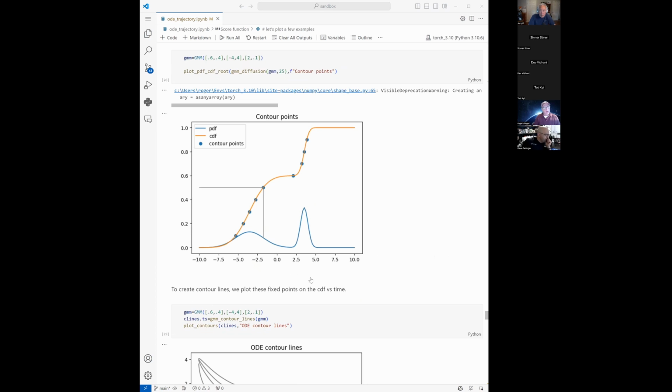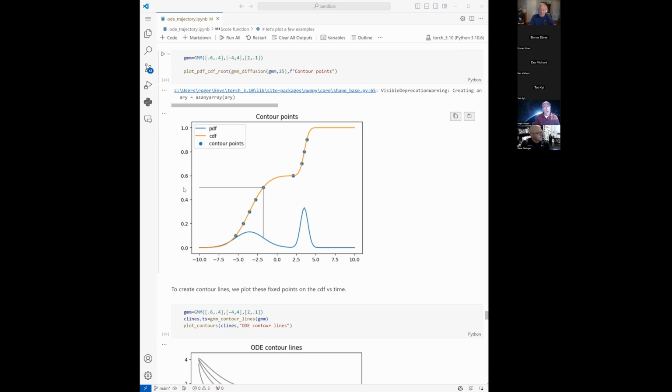So here, the blue line is the PDF at some time t. The yellow line is the CDF of that PDF. CDF is the cumulative density function, and PDF the probability density function. It's basically the integral of the probability density function.